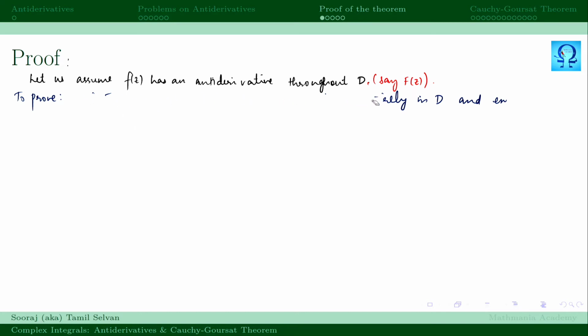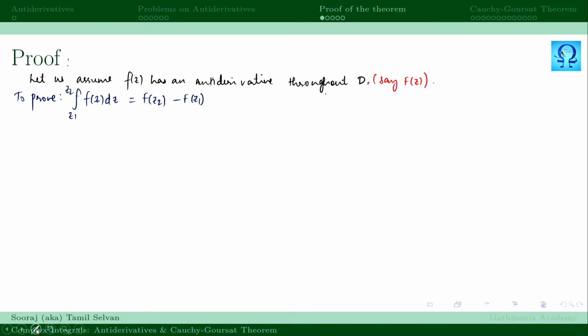You can refer to the statement. So let me just write down the ultimate thing that we have to prove, that is the integral from z1 to z2 of f of z dz is big F of z2 minus big F of z1. So this is what we'll have to prove.